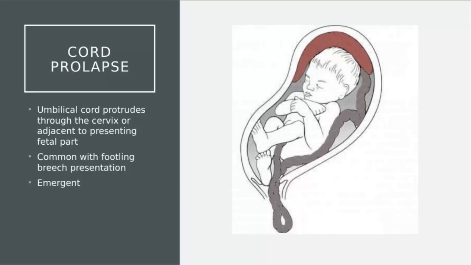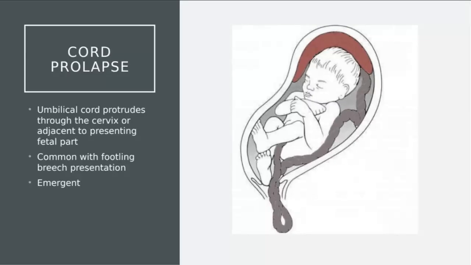It's very common with a breech baby, and this is why we don't like to vaginally deliver breech babies for that reason. One, the baby can have a lot of shoulder dislocation when they are born breech, but also the umbilical cord is more likely to come out first. Kind of similar with the placenta previa. If the placenta is coming out first, it's going to result in decreased oxygen to the baby, fetal stress, and heart decelerations as well. So this is going to be very, very emergent.